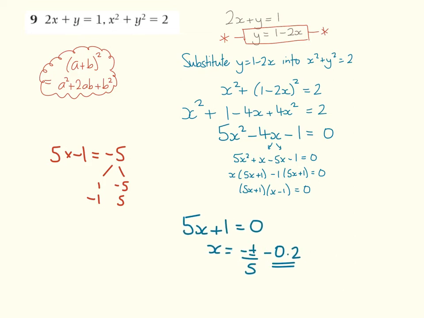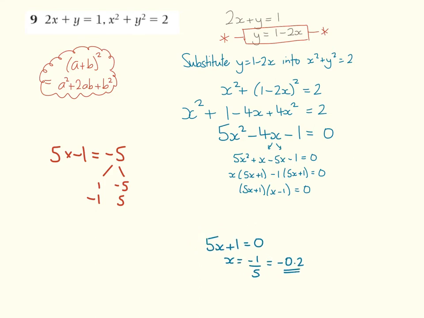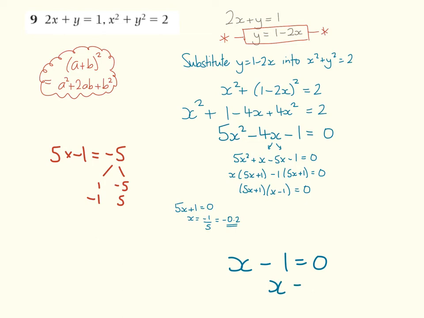Let's just try to shrink that down better. There we go. Stick it over there. And then from my other factor, I'm going to get x minus 1 is equal to 0, so I've got x is equal to 1. And shrink that down. Stick that over there.